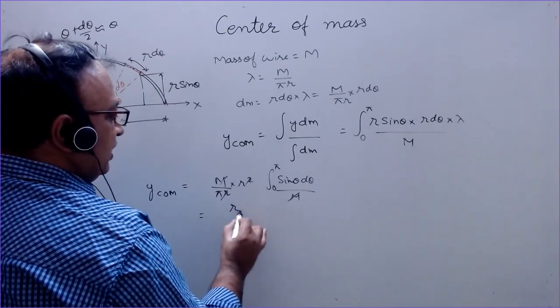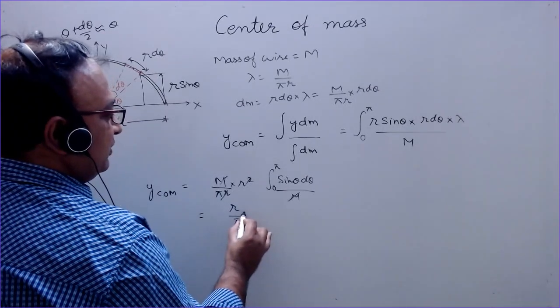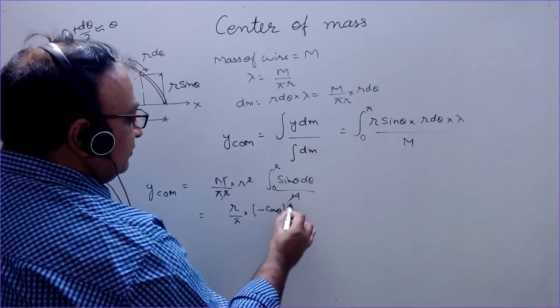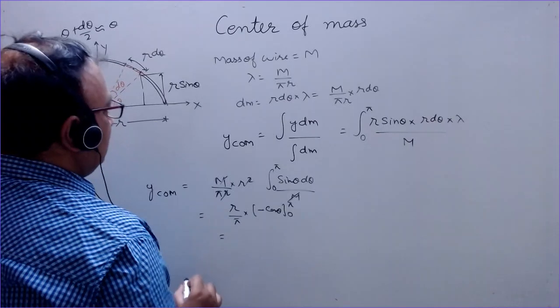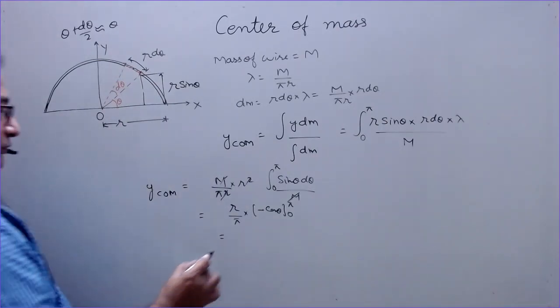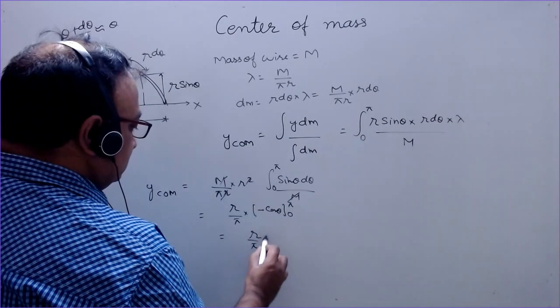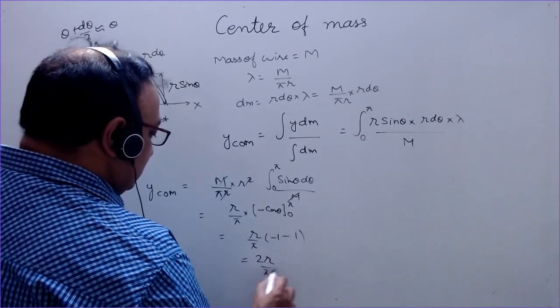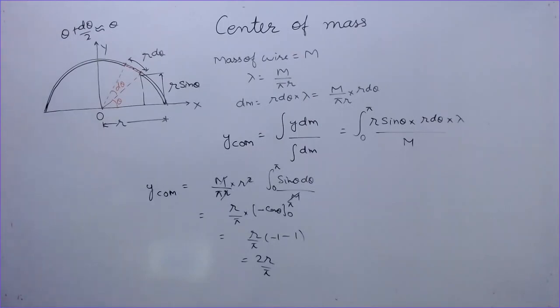So r divided by pi, the integral of sin theta is minus cos theta, from 0 to pi. So you can find by putting the limits, cos pi is minus 1, and we get 2r by pi. So the value is 2r by pi, but variation is only along the y-axis.